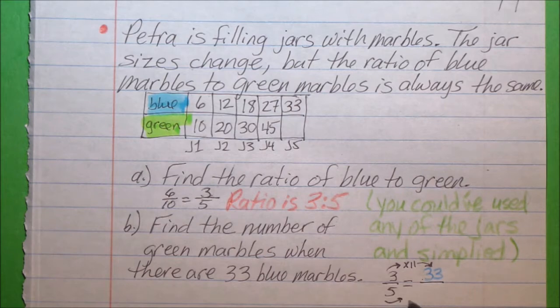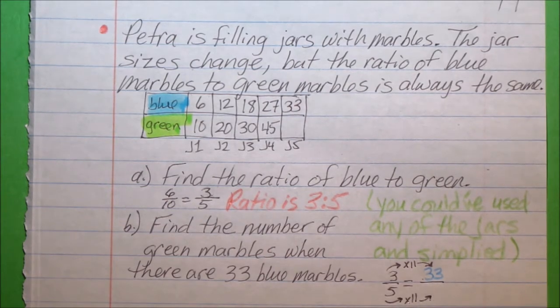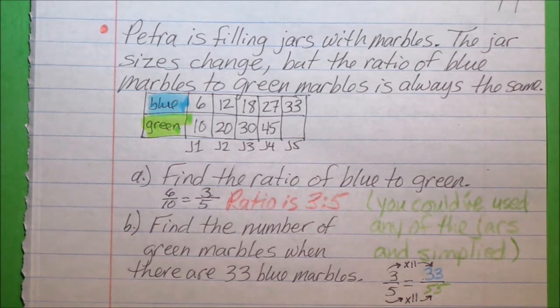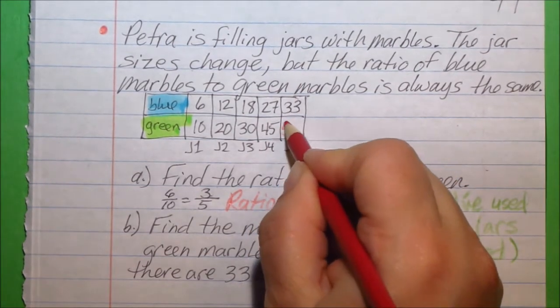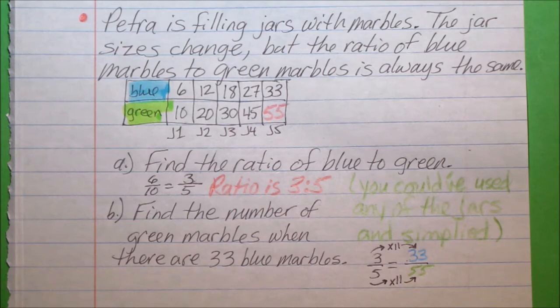So I'm going to multiply 5 times 11 to get my number of green marbles. And 5 times 11 is 55. So 55 is what should be in that box there. It's the same as when we were making equivalent fractions. We build them up or we break them down to simplify.